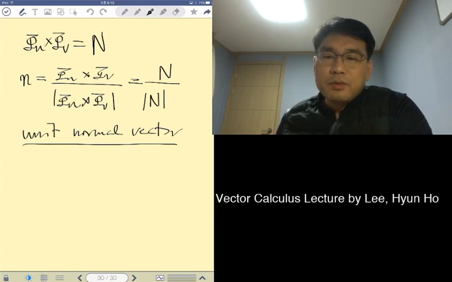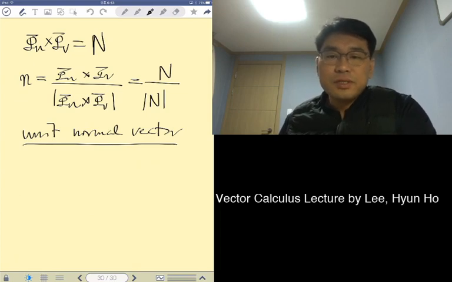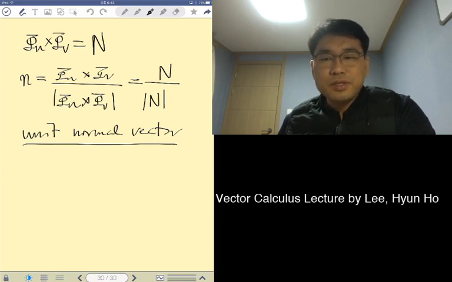When you decide inner and outer side, the normal vector direction determines what is inward and outward. So this was needed for determining the tangent plane. Last time we covered up to this point.